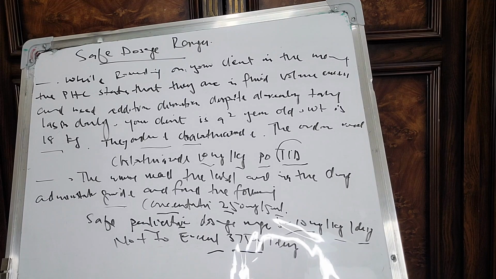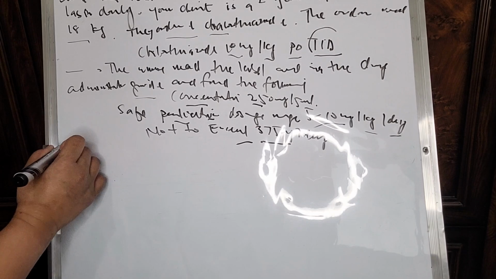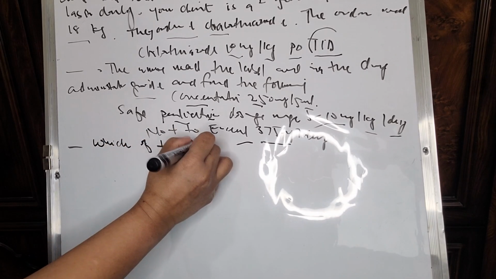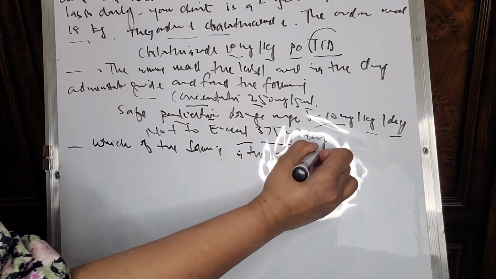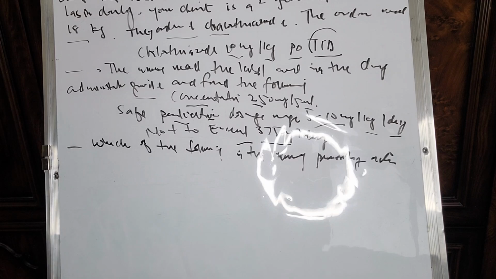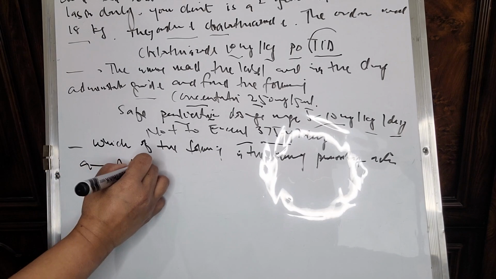So our question now is: which of the following is the priority nursing action? Number A, administer the medicine.